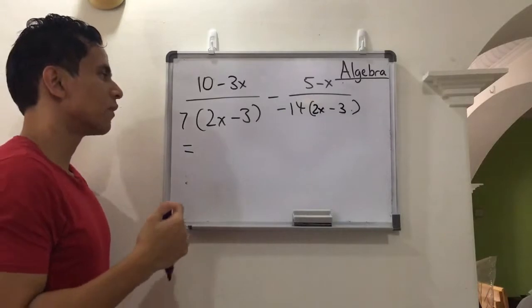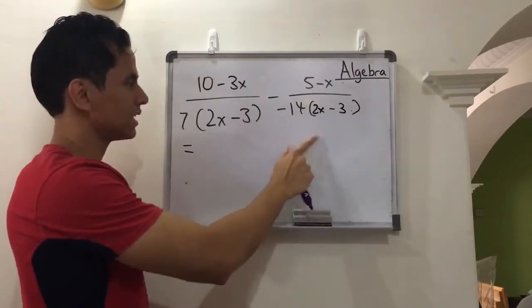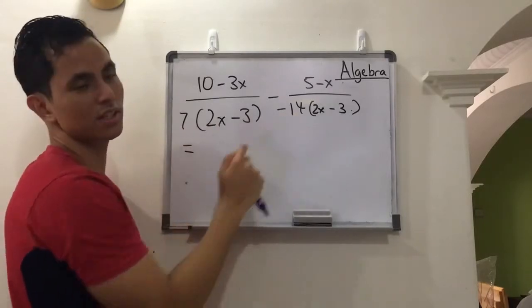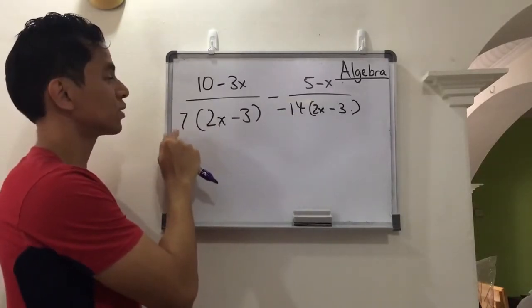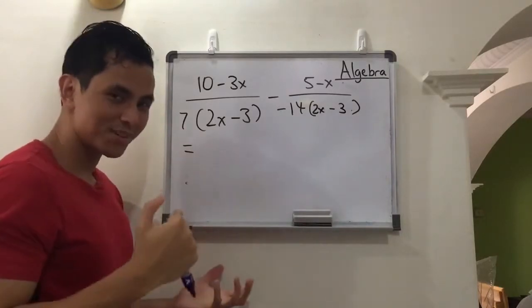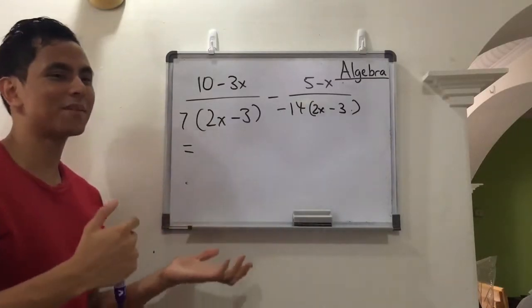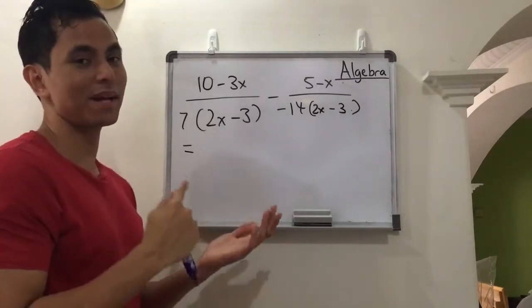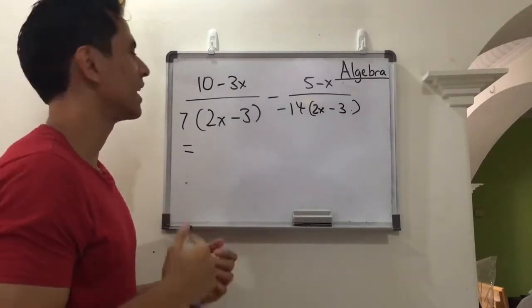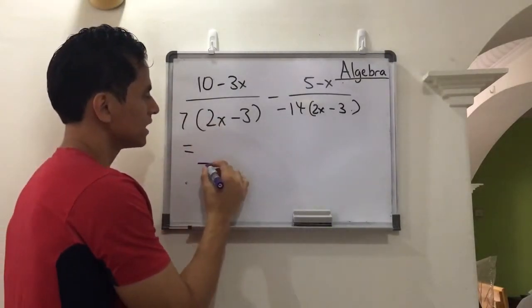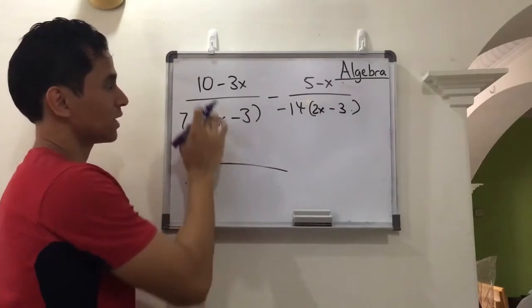So now, what happens? We compare the denominators again. The only difference is this is 7 and this is -14. So to go from 7 to -14, what must we do? We must just multiply by -2, right? 7 multiplied by -2 gives us -14. And that's what we are supposed to do here. So if I do that on the denominator, we must do that to the numerator too.